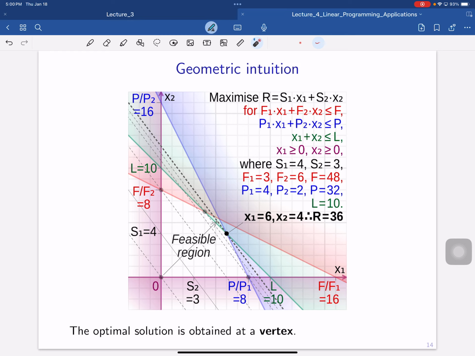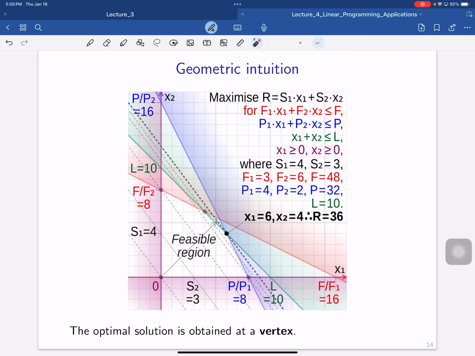The first constraint was written in red. If we plot it, it will be this red line here, okay? And this constraint will denote the feasible region below this line, right? Because it's a resource constraint, the land you use has to be less than or equal to this.